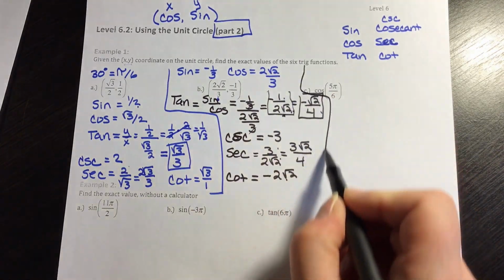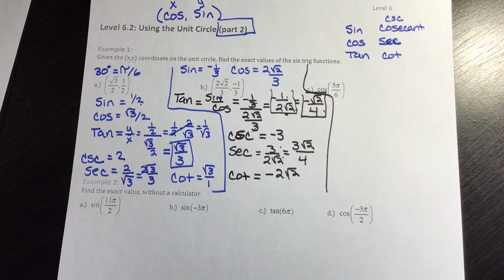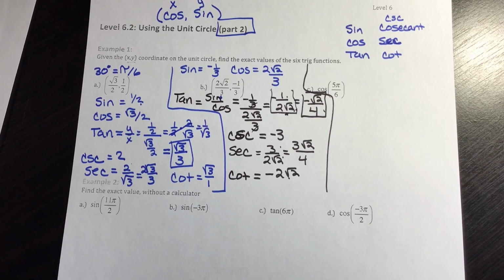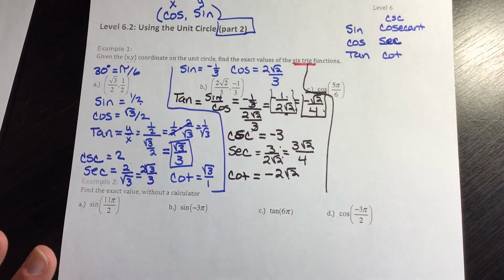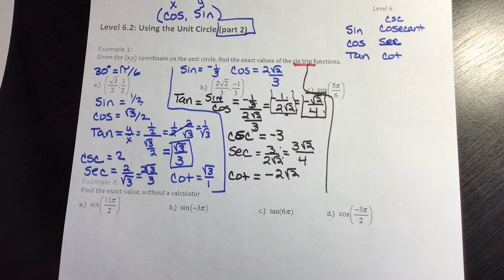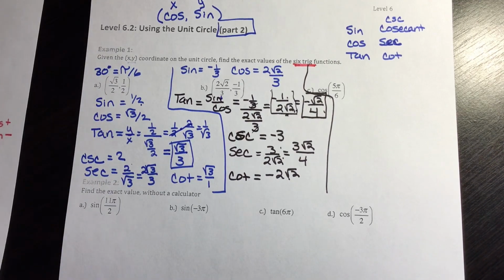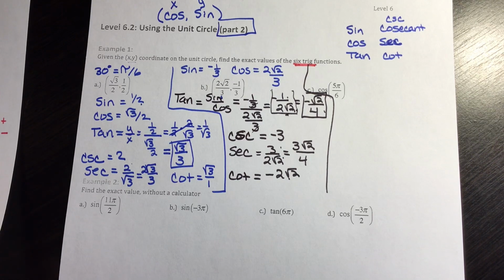All right, the next one is cosine of 5 pi over 6. First of all, it's asking us for all 6 trig functions, and I'm going to use the unit circle. So I'm going to find cosine of 5 pi over 6.